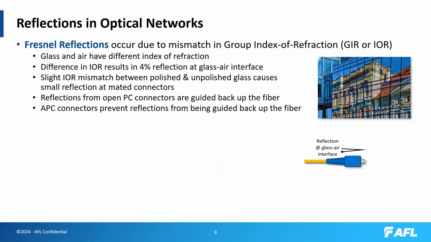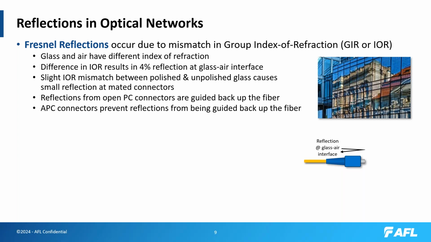Reflections in optical networks. Fresnel reflections occur due to a mismatch in the group index of refraction. Glass and air have different indices of refraction, and that's why you always get a reflection at the glass-air interface. The difference in the index of refraction results in approximately a 4% reflection at that glass-air interface.